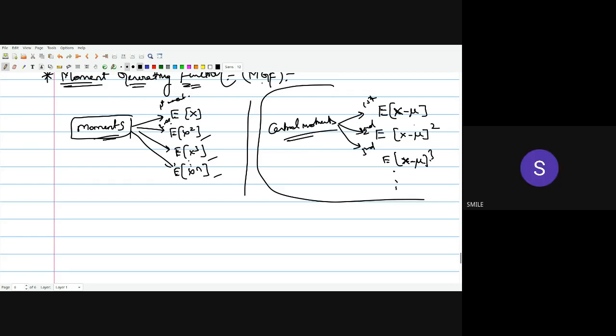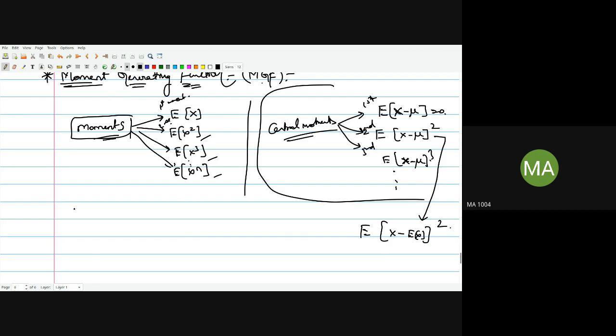You subtract the mean from the random variable, such that the expected value comes out to be 0. The first central moment will come out to be equal to 0, and the second central moment will come out to be the variance of x: expected value of x minus expected value of x, which is mu, whole square.